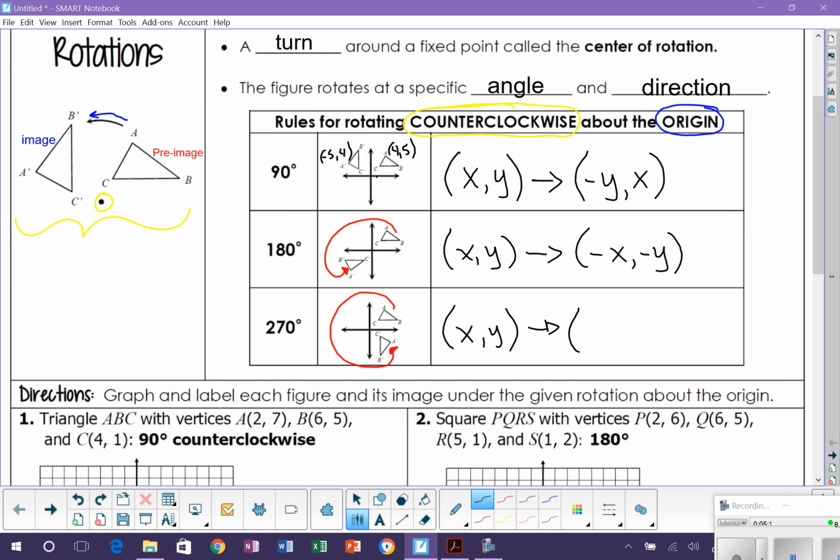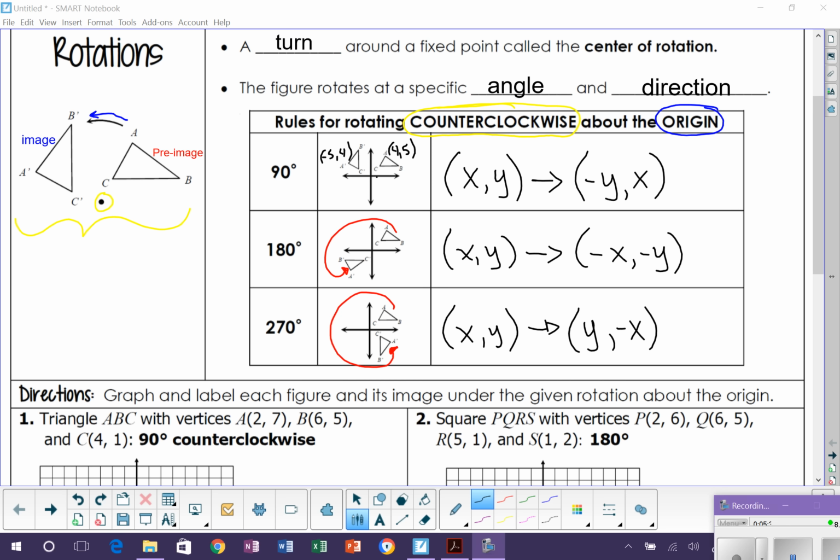Does the y stay the same? Well, remember, when you're rotating this all the way around, it's now going to flip the x and the y. So if this was 4, 5, it's now going to become 5, 4, which is going to be a negative.